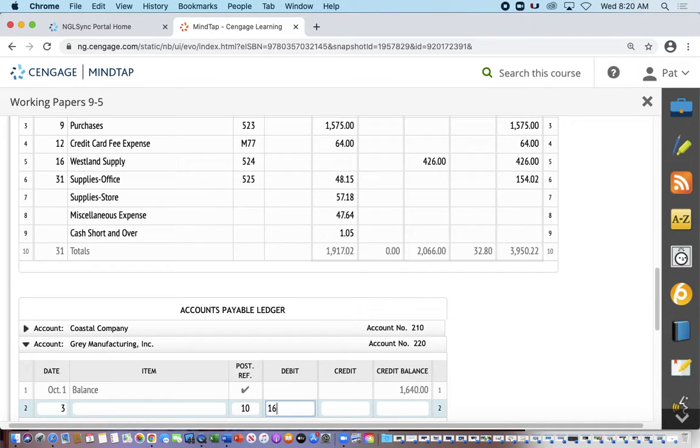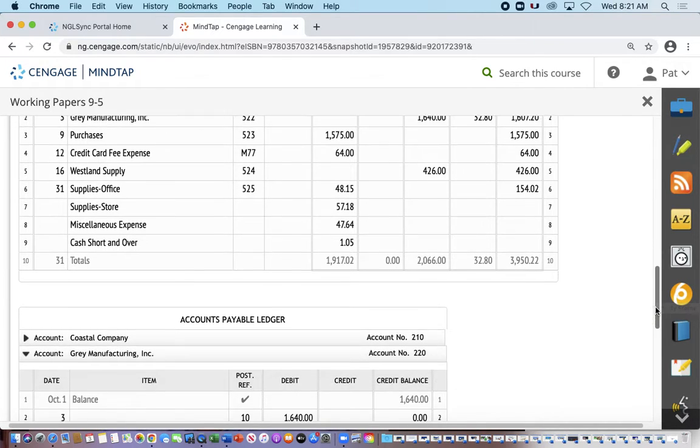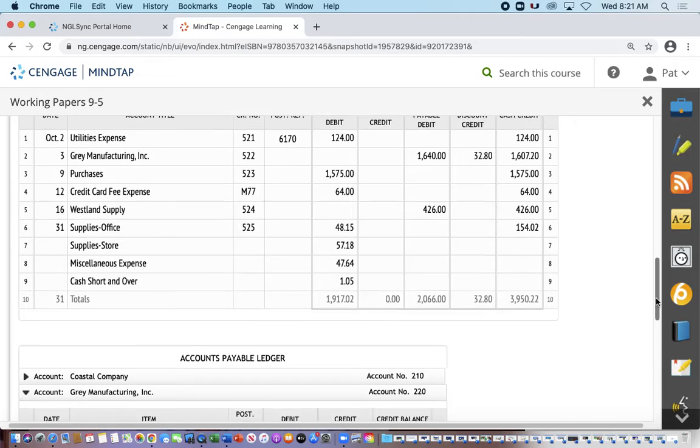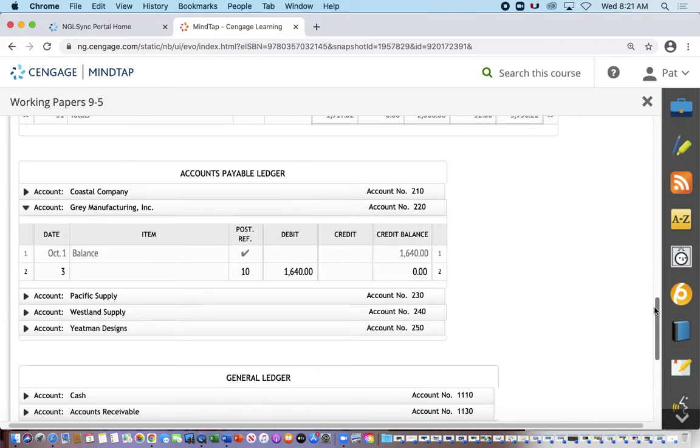And from the looks of it, we're paying off the total amount, correct? We're going to put a 0 there. And then you put 220 up here. So you have a credit balance of 1,640. You have a debit balance of 1,640. Your credit balance is now 0.